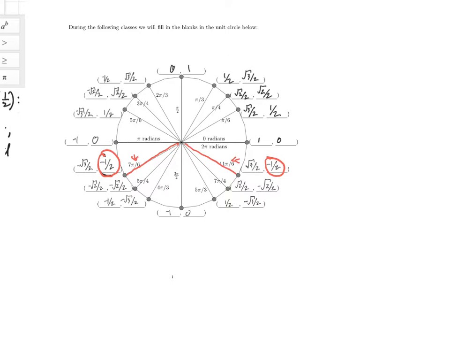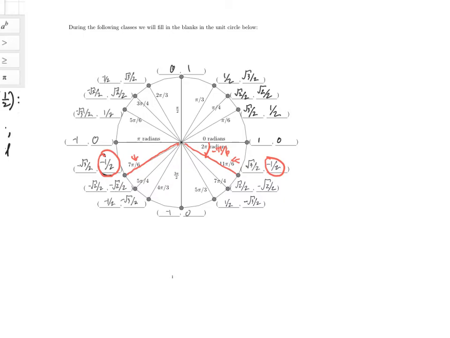So we need to remember that we can write the result of rotating by an angle of 11 pi over 6 in a different way. Instead, I can rotate backwards by negative pi over 6 and get the same output. The sine of negative pi over 6 is negative 1/2. And now ask yourself, is negative pi over 6 in between negative pi over 2 and pi over 2?